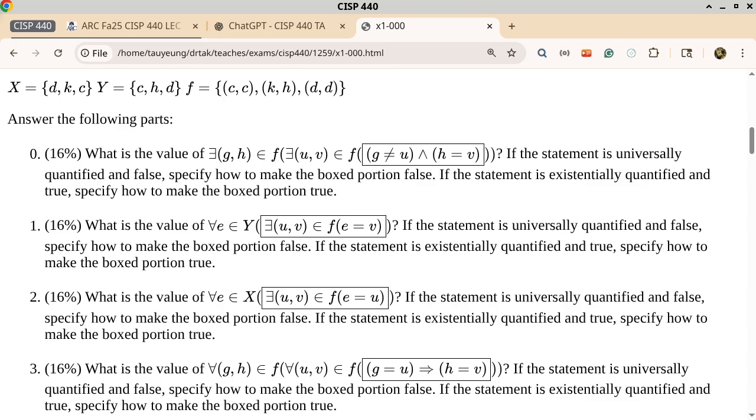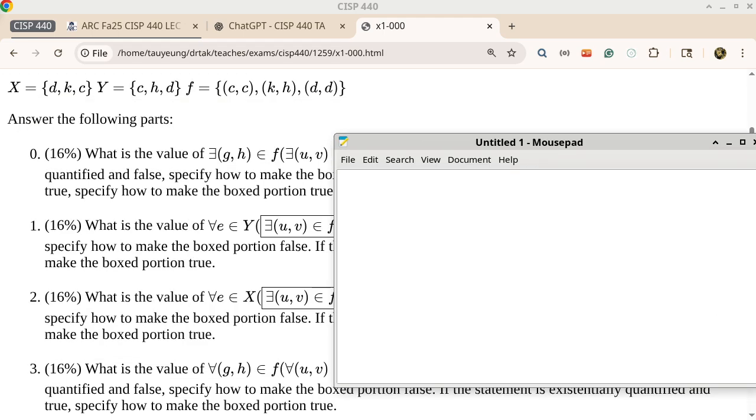So I'll just write it on the board. Obviously, I cannot because I don't have any dry board markers. Okay, that's okay, I can use the mouse pad. All right, so we can do it like this.